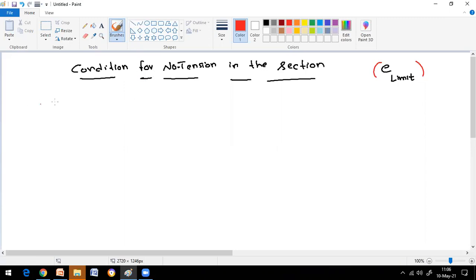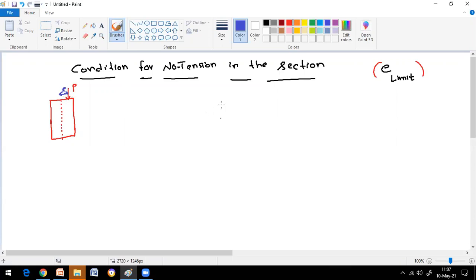I think you have already seen it clearly. This is the eccentric distance.